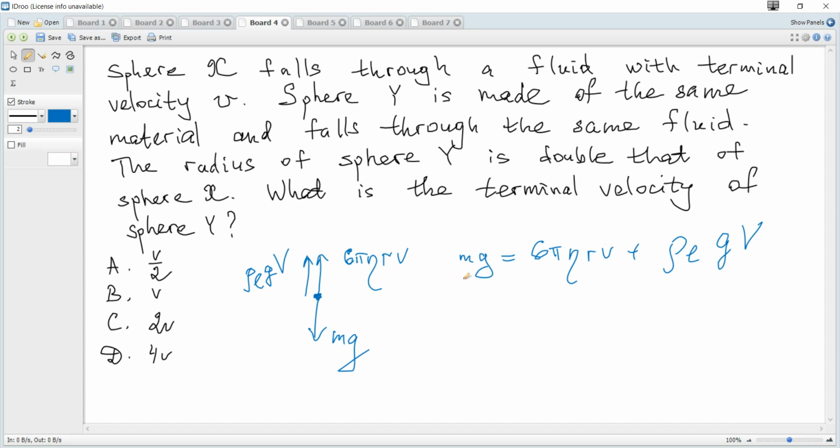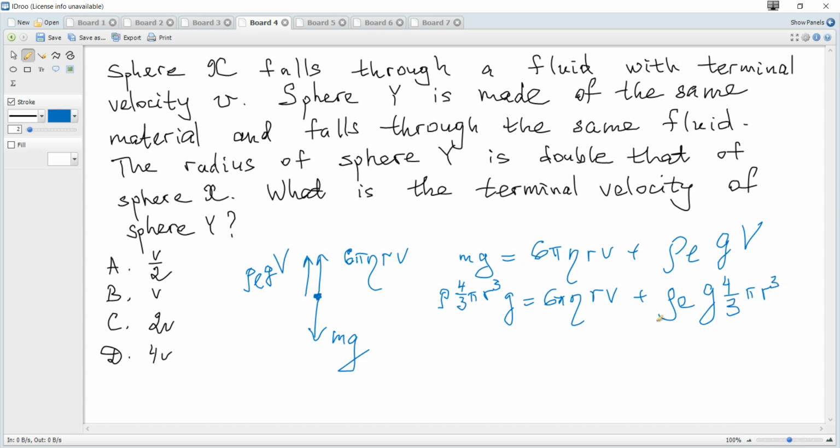And what is m? It's density times volume, the density of the sphere, and the volume, it's a sphere, so it's 4 over 3 pi radius cubed, times g, is 6 pi eta r v plus rho liquid g, and it's also the volume of a sphere, 4 over 3 pi radius cubed.